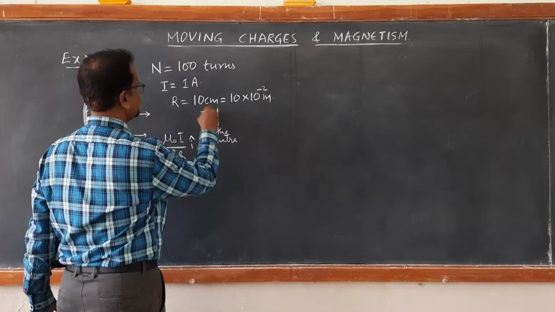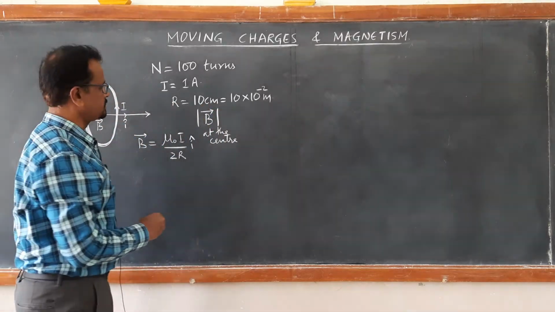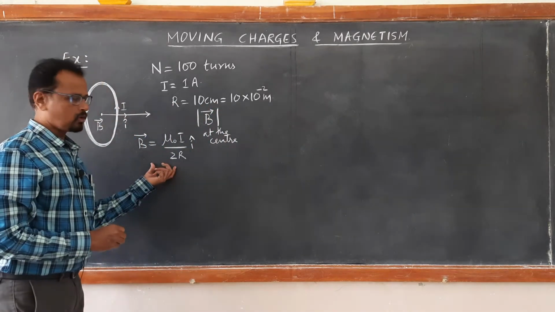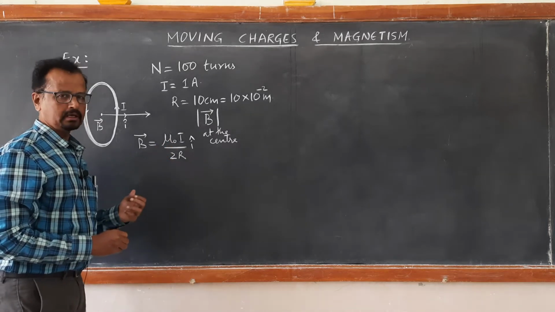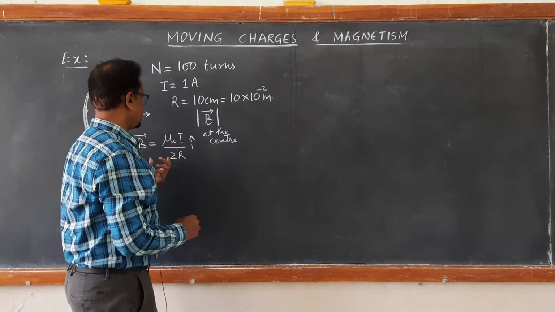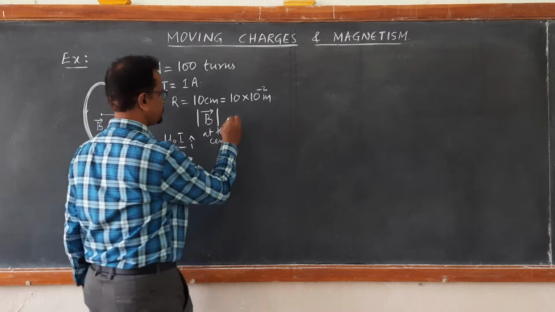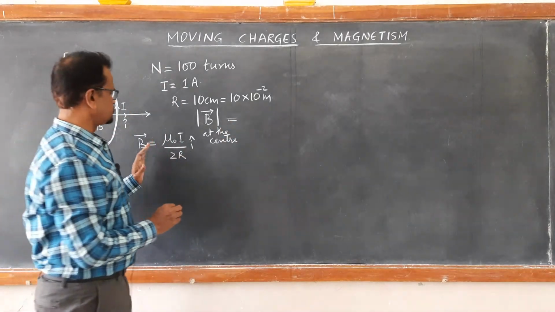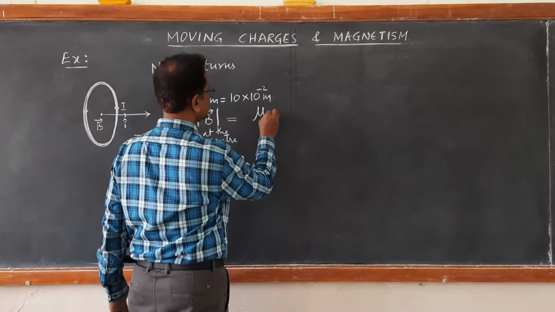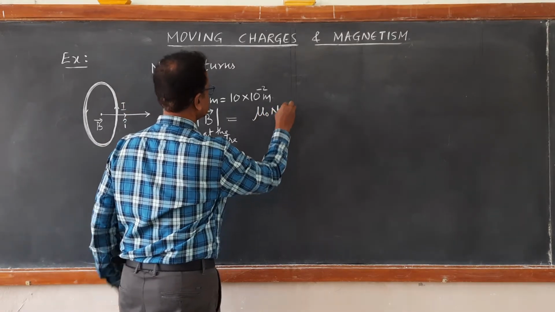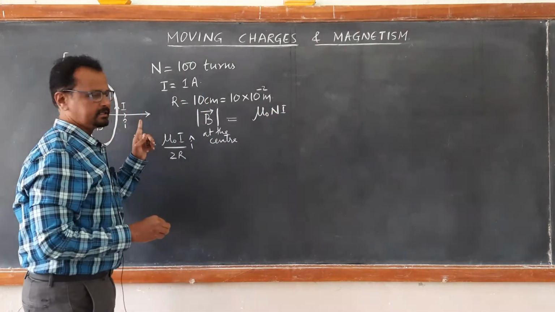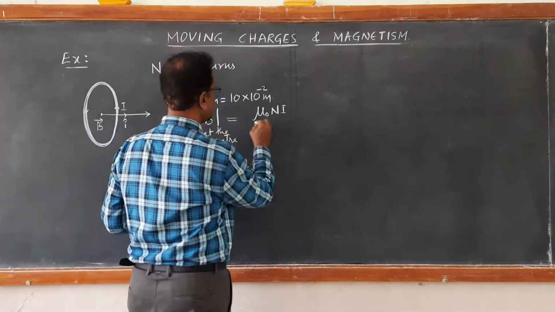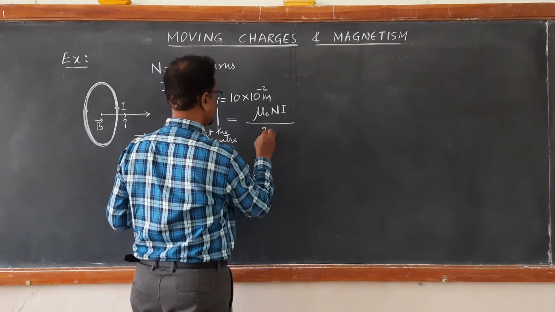You are asked to find the magnitude of magnetic field at the center. For a single turn coil, it is mu naught I upon 2R. So for n number of turns, you just multiply this by n times. So it becomes mu naught N I, because the current now becomes n times I. Therefore, mu naught N I divided by 2R.